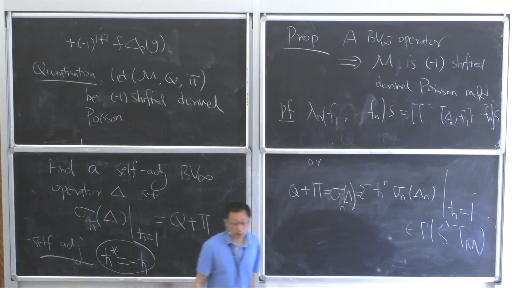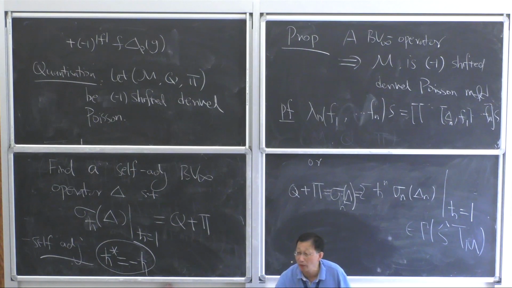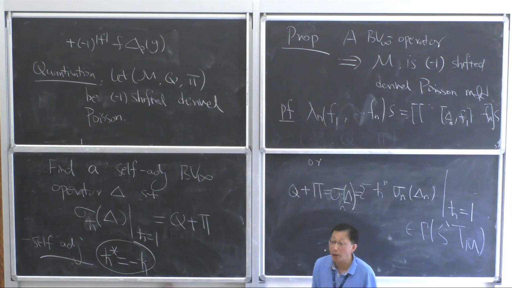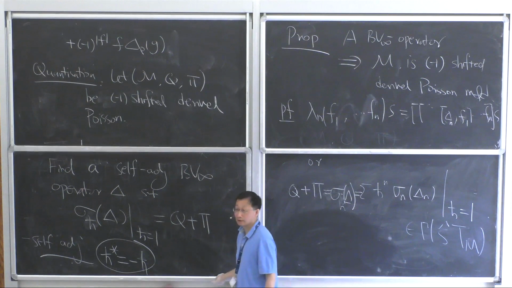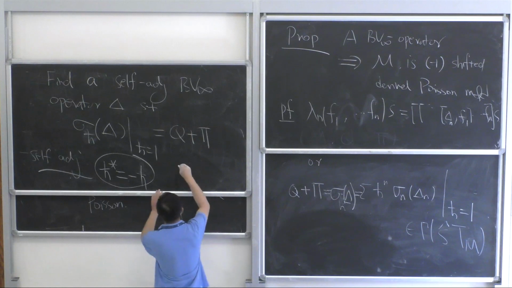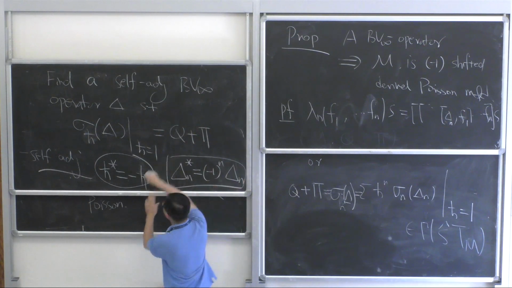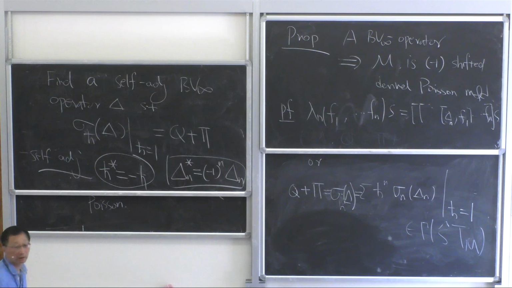So in other words, self-adjoint means if n is even, this operator has to be self-adjoint, and if n is odd, this operator has to be anti-self-adjoint. So in other words, delta n dual equals minus n delta n. This is what the self-adjoint condition means.